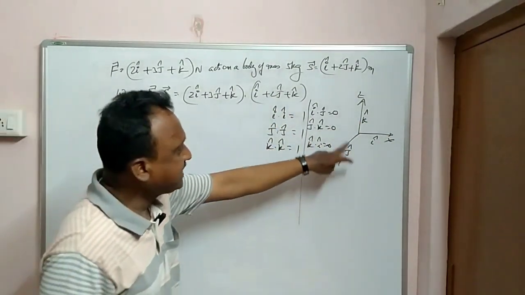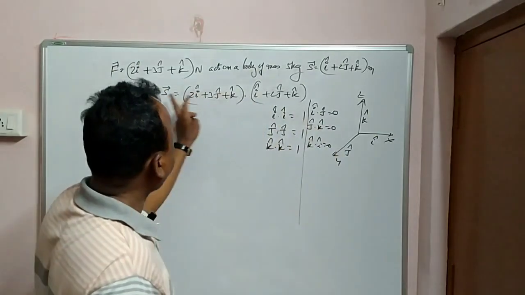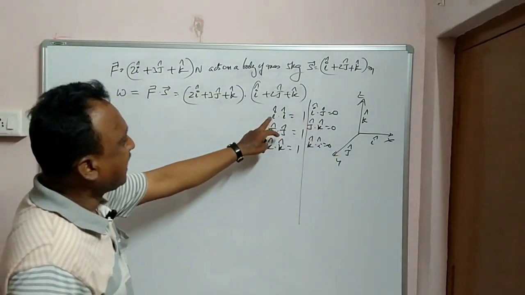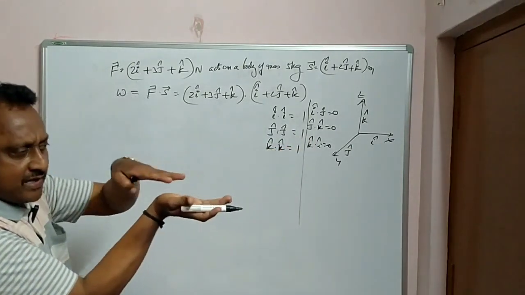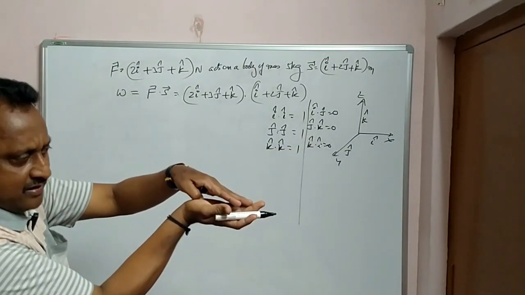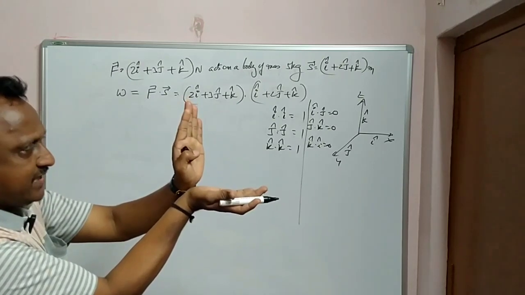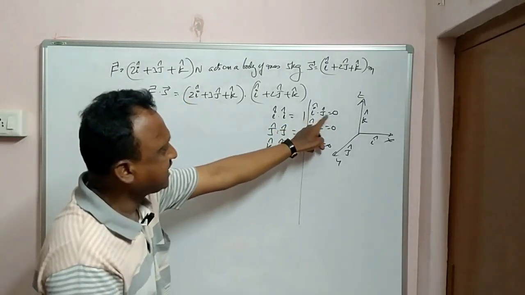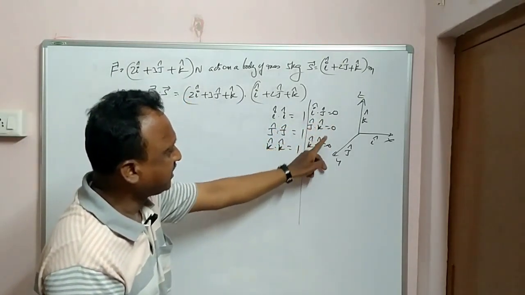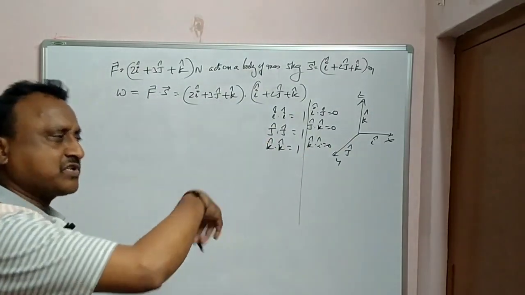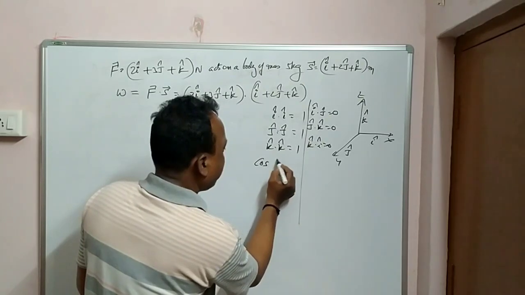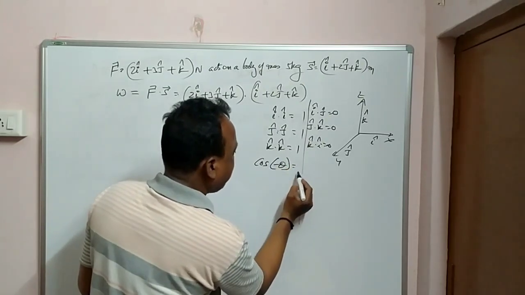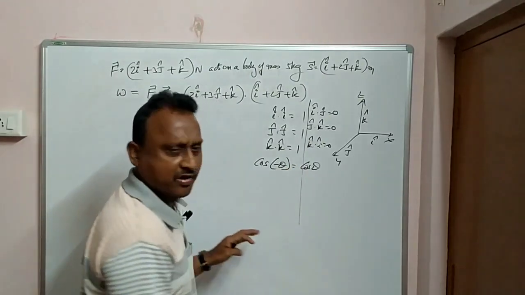So if you consider i, j, k as the unit vectors, then the properties of dot product go as i dot i is equal to 1, j dot j is equal to 1, because same direction, cos 0 is equal to 1. If they are perpendicular, cos 90 is 0. Therefore i dot j is equal to 0, j dot k is equal to 0 and k dot i is equal to 0. Even if you go in reverse order, cos of minus theta is equal to cos theta from trigonometry.